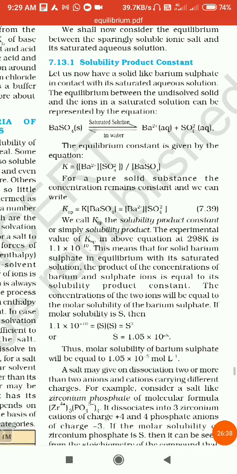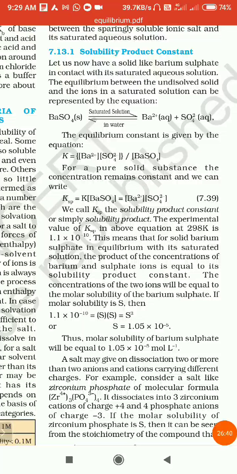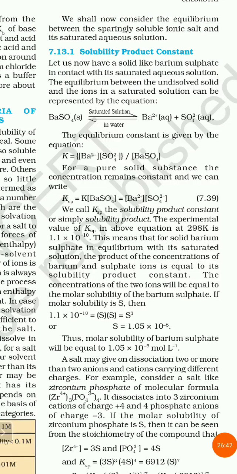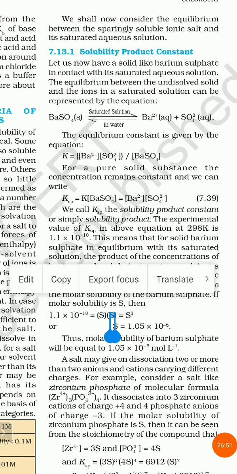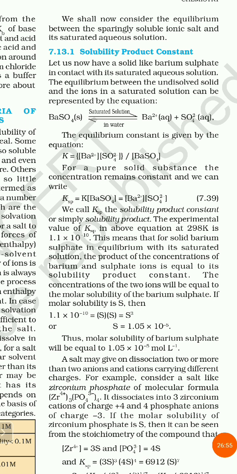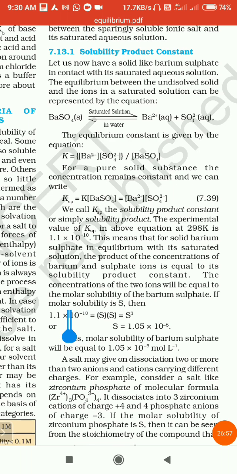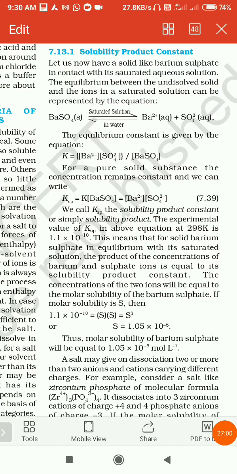How many products are there in this chemical equation? There are two products, barium 2+ ion and sulfate 2- ion. Therefore, the total concentration of the ions will be equal to this constant value, the solubility constant value.